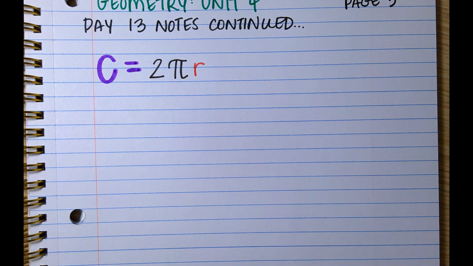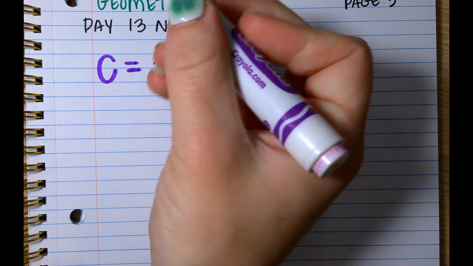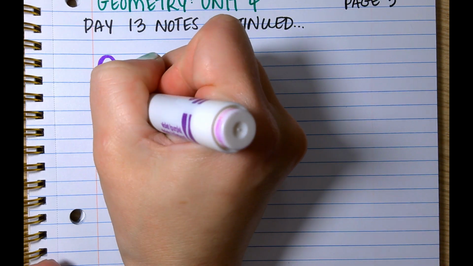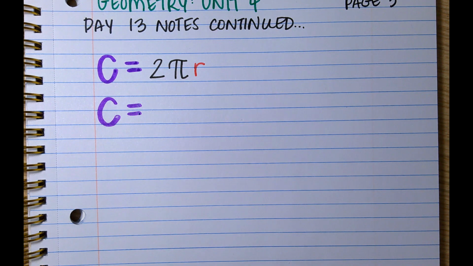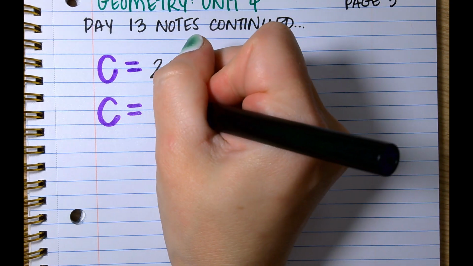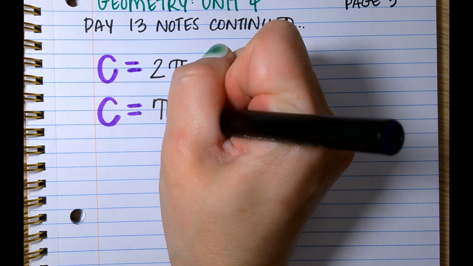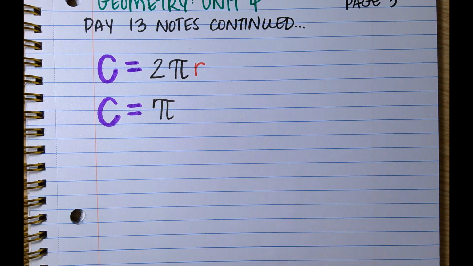Or if we don't have radius, we can also use the diameter. Circumference can also be just pi times diameter, pi d. Now, where's my blue? There it is.